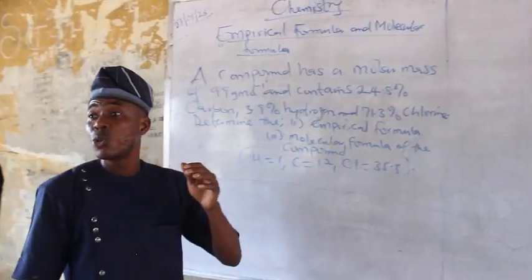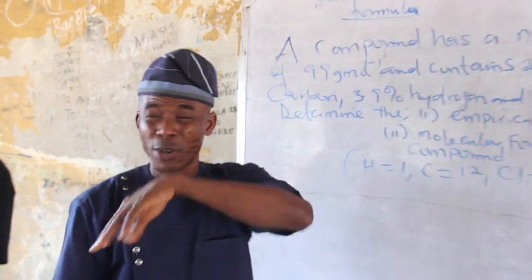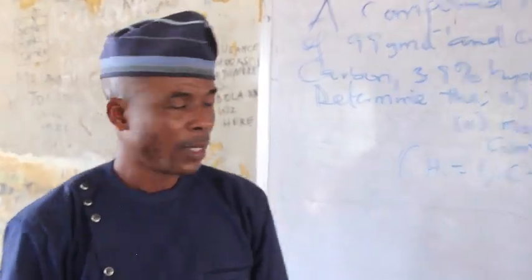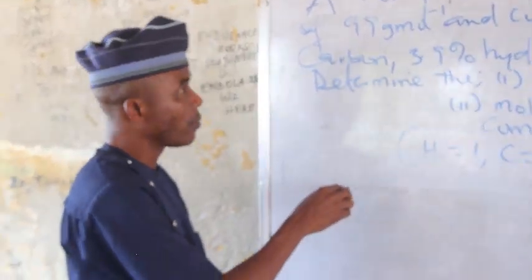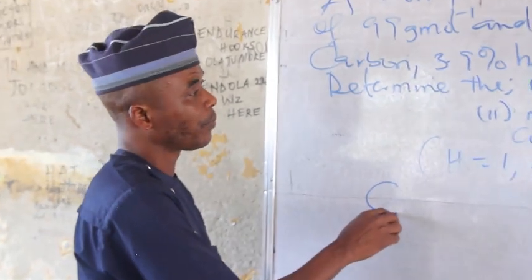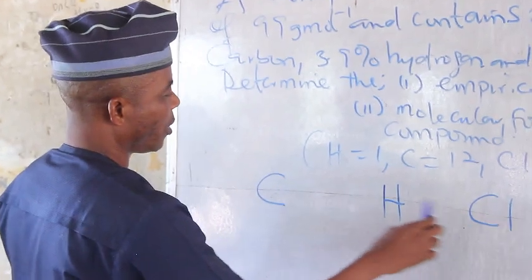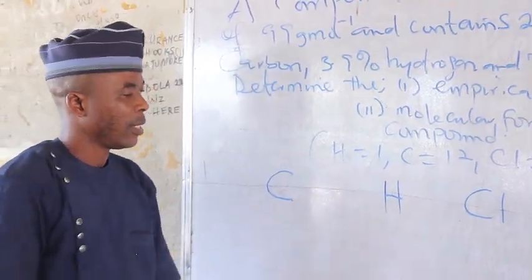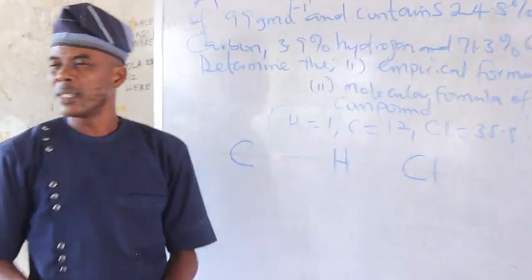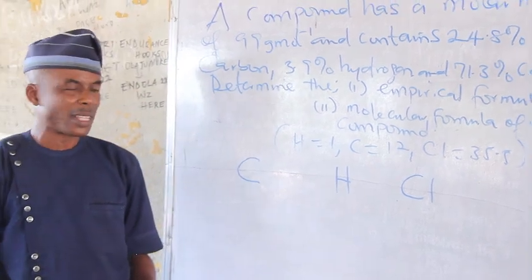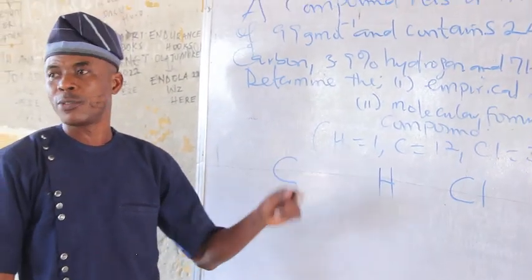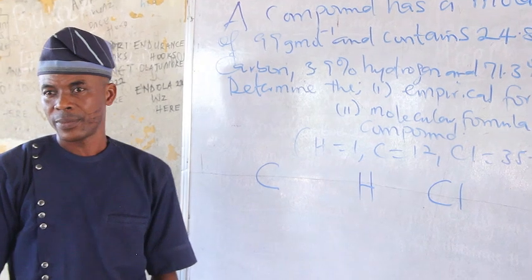The first thing we'll do is to write out the elements that are involved in the compound. So the compound involves carbon, hydrogen, and chlorine. Then the next step is to write the percentage by mass of each of the elements underneath.